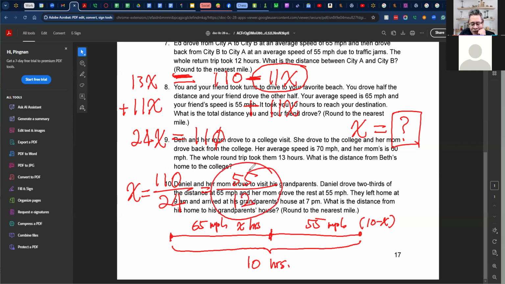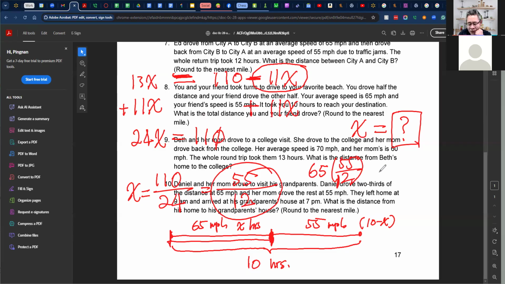So now that's the time it takes. In terms of the distance from here to here, that will be 65, the speed you drove, times the time you drove, 55 divided by 12.